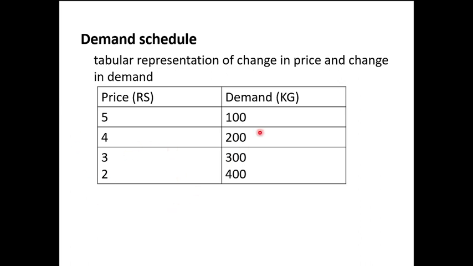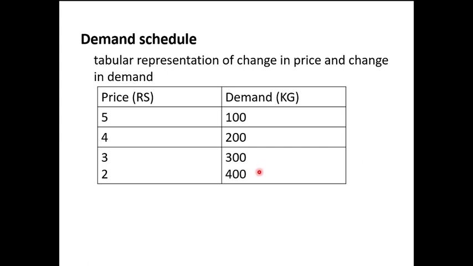See here, we have taken the price on one side and demand on the other side, price in rupees and demand in kgs. When the price of the commodity is 5, the demand for the commodity is 100, and when it decreases to 4 rupees, it increases to 200 kgs. When the price is further reduced to 3 rupees, it increases to 300 kg.